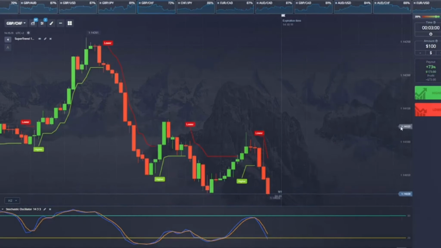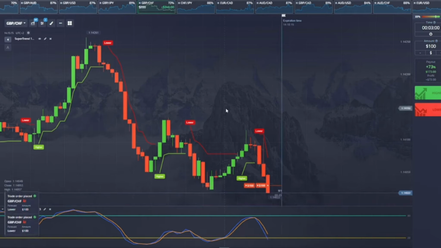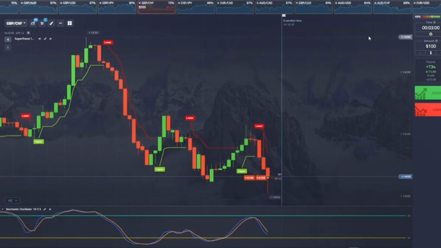This is another good moment for sell trades following the same entry conditions as the previous trades.